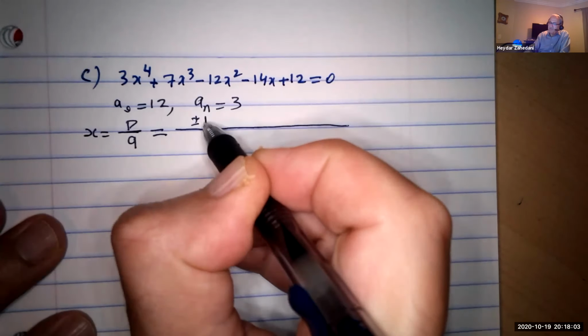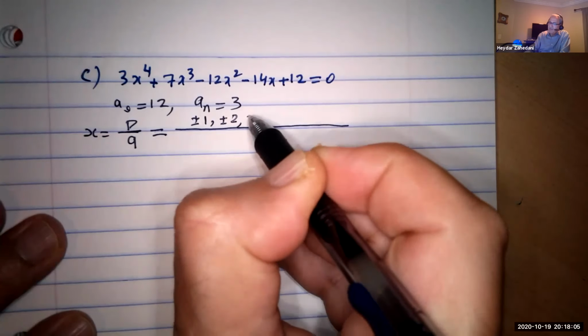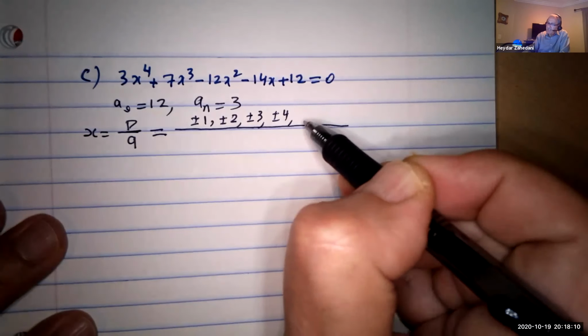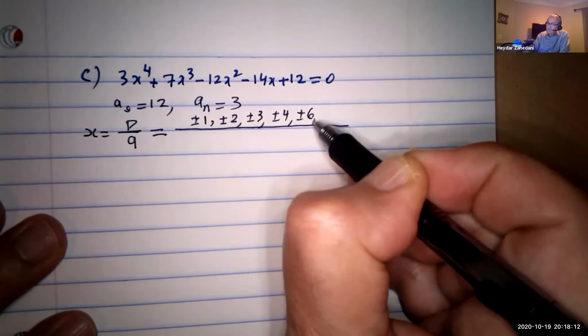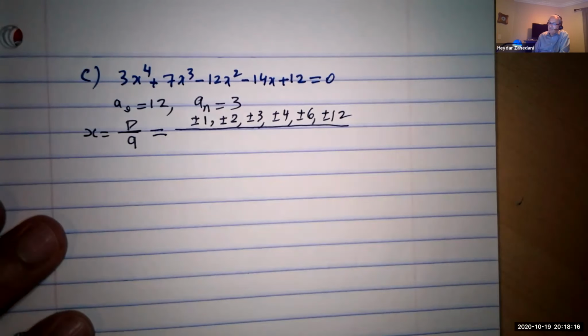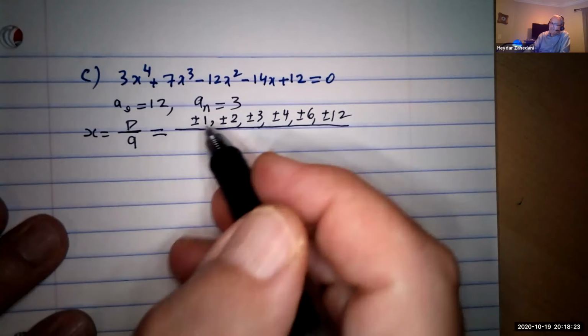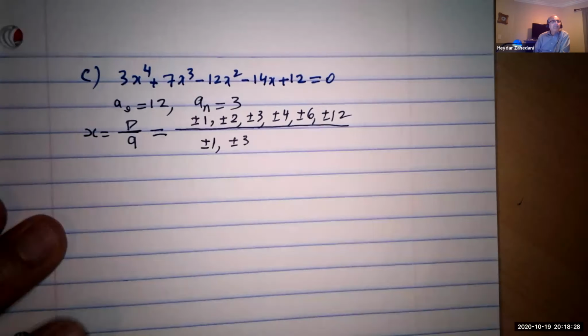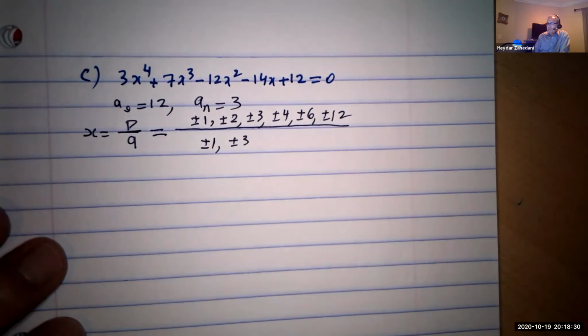Positive and negative 1, 2, 3, 4, what else? 6, 12. So on the top are going to be divisors of the constant term, and the bottom one is going to be divisors of the 3. Divisors of 3 are positive and negative 1 and 3. Okay, any question?